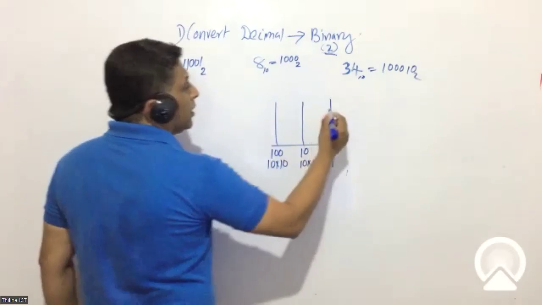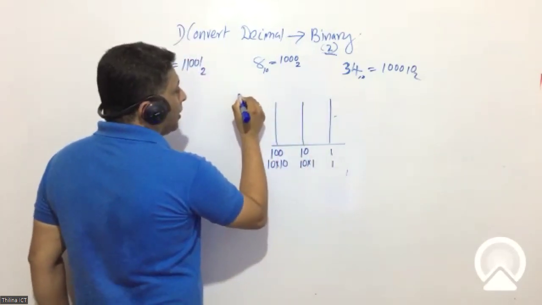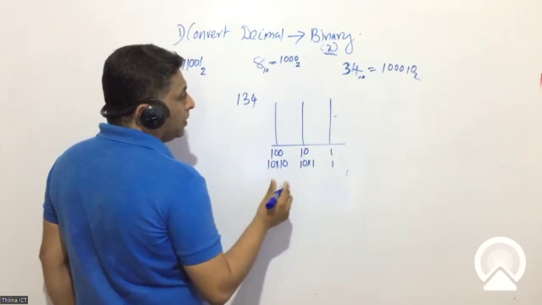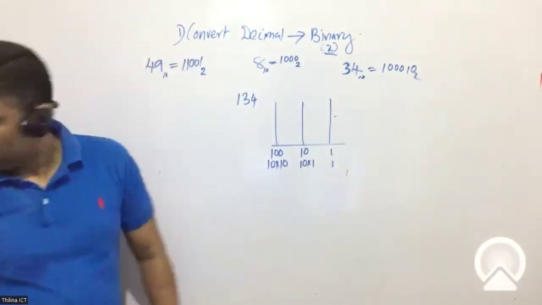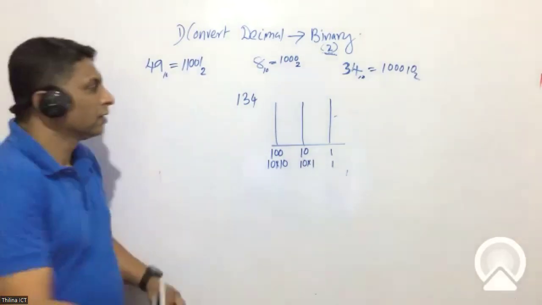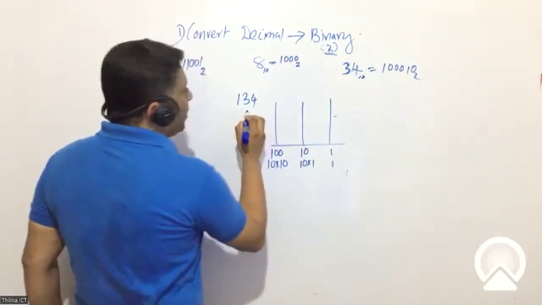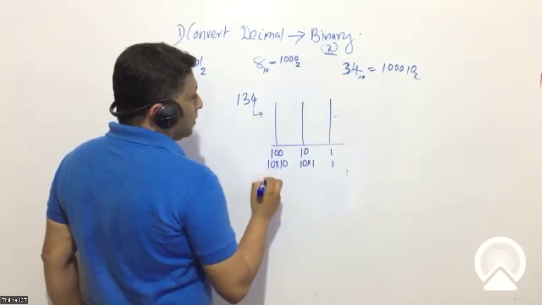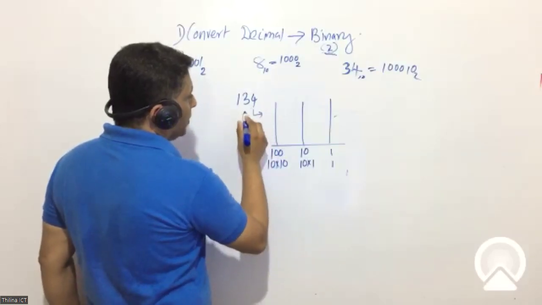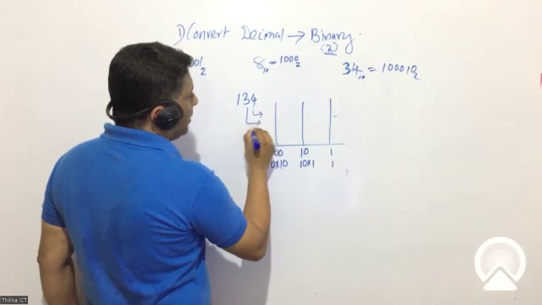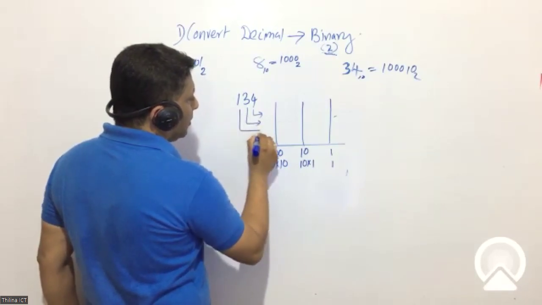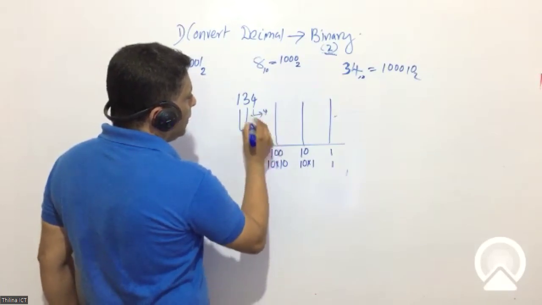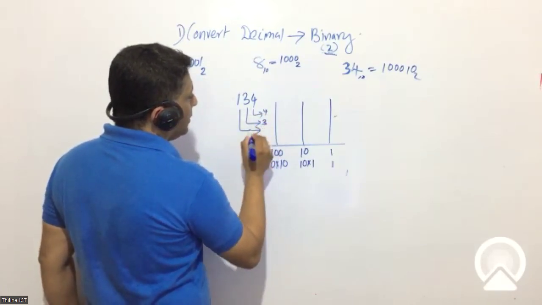So if you want to put 134 into the counting frame, right? We got 4 ones, 3 tens, 1 hundred. Here we got 4, here we got 3 tens.